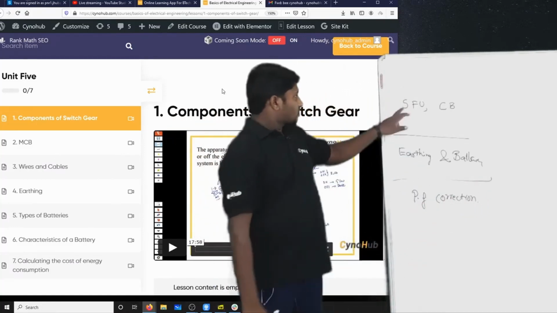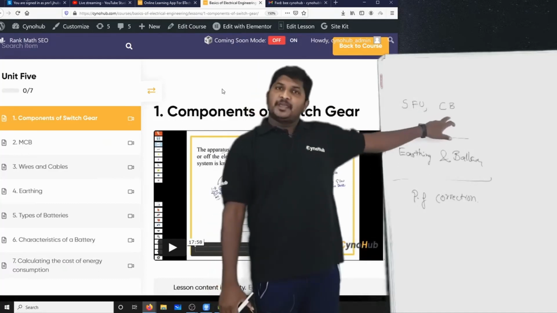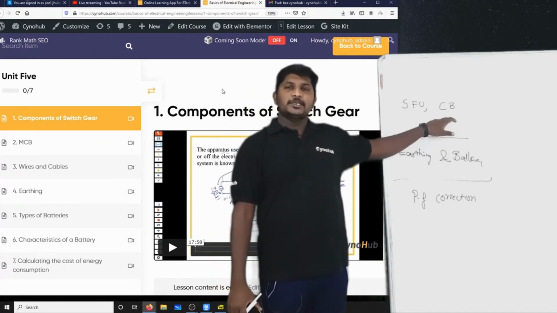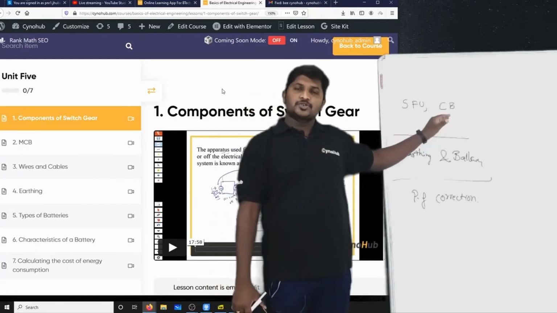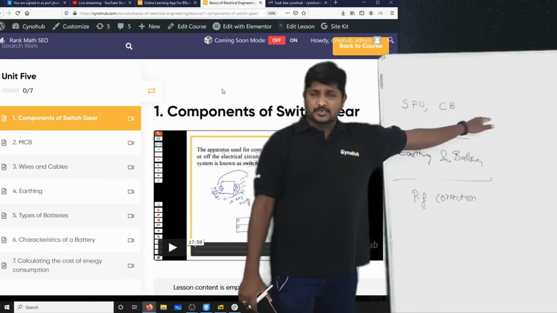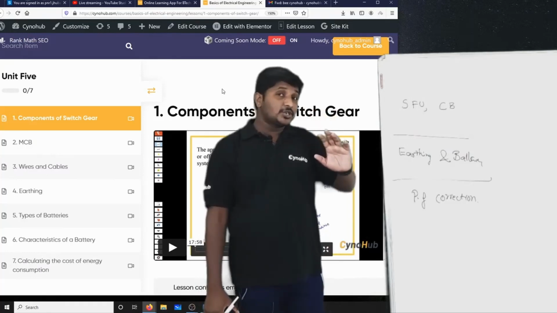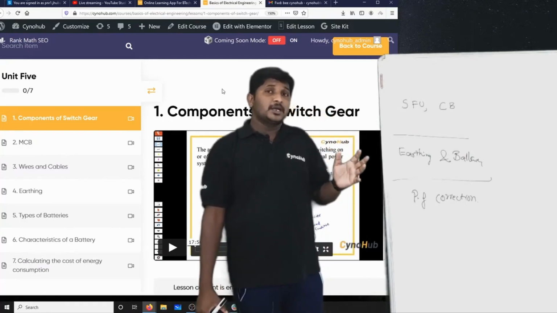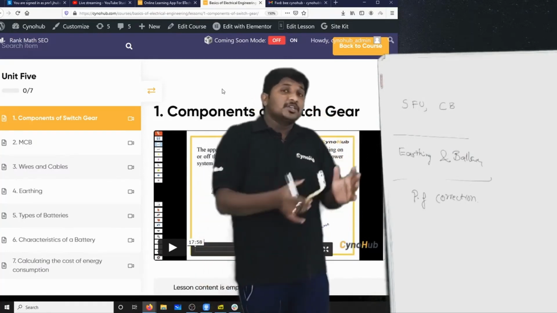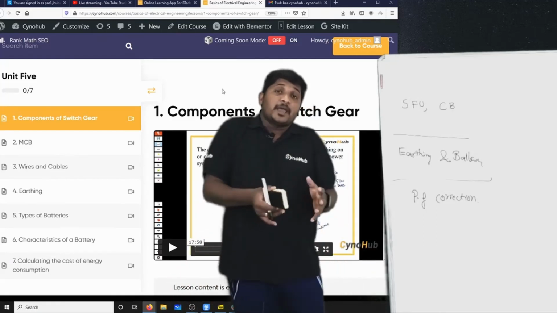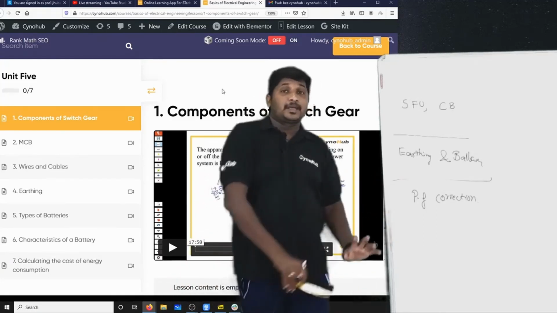Okay. Switch, fuse unit, miniature circuit breaker, earth leakage circuit breaker. Likewise, you have three circuit breakers. Here the question may come like explain miniature circuit breaker or explain earth leakage circuit breaker.